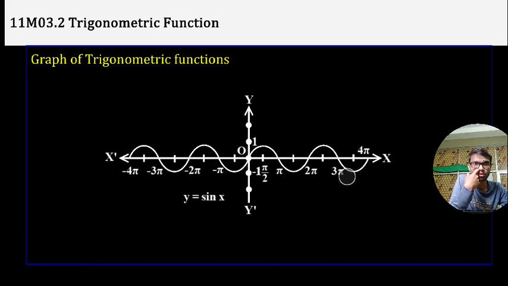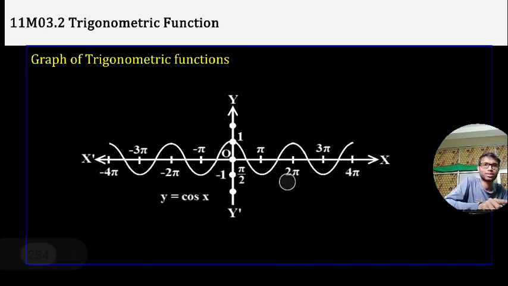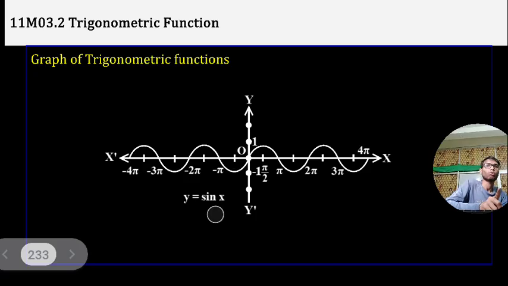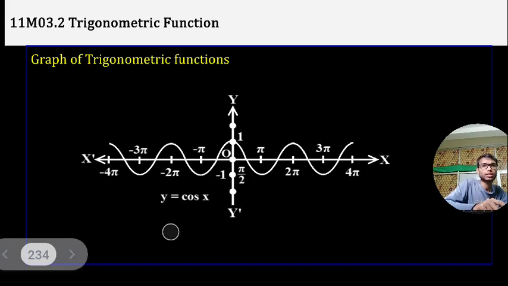Same here, 2 pi plus 1 pi more is 180 degrees, so sin 180 degrees is 0. Same here, this is 4 pi, 2 revolutions. So sin of 2 revolutions is only 0. This was the graph of the sin x function.